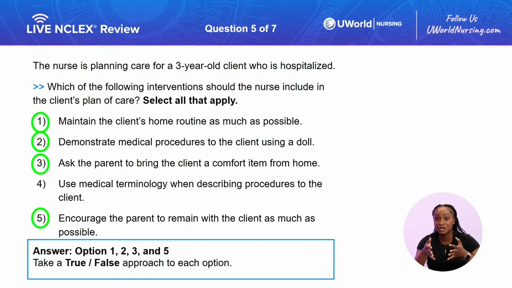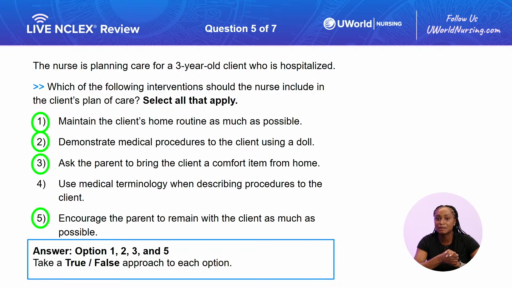If you can mirror their schedule or their environment, whether it's their bedding or their schedule on what they eat and what time they eat, versus like a bath, like eating before dinner time or showering before dinner time. Mimicking their normal home routine makes the interventions that you might have to do a lot easier. So that would be a correct intervention or teaching.